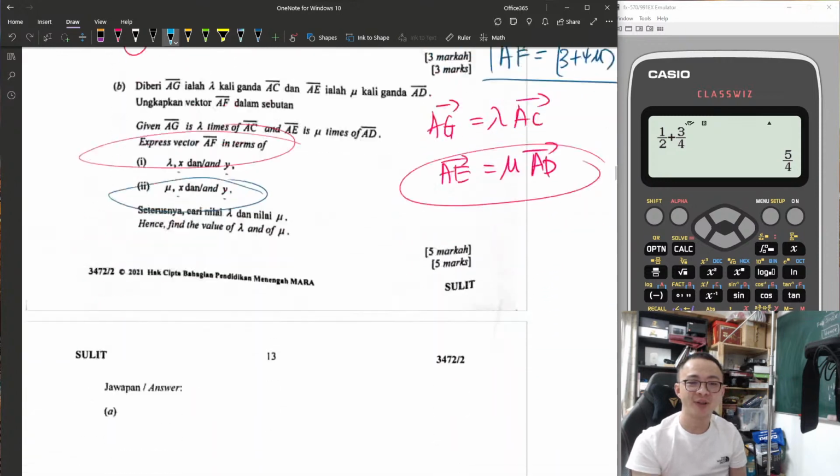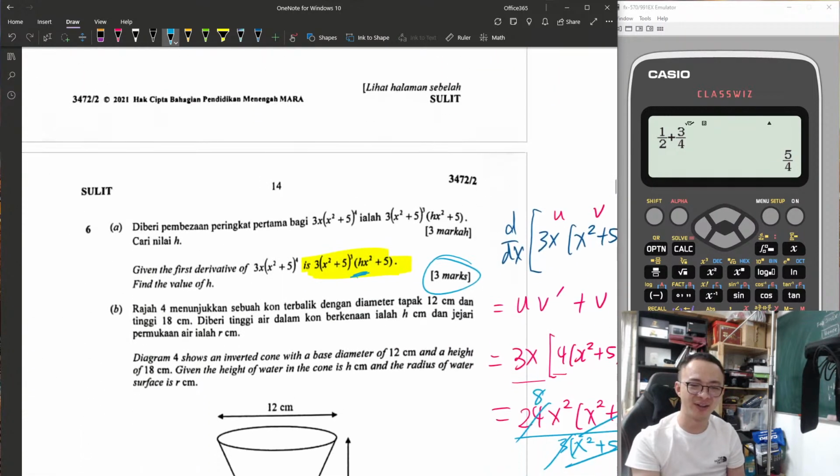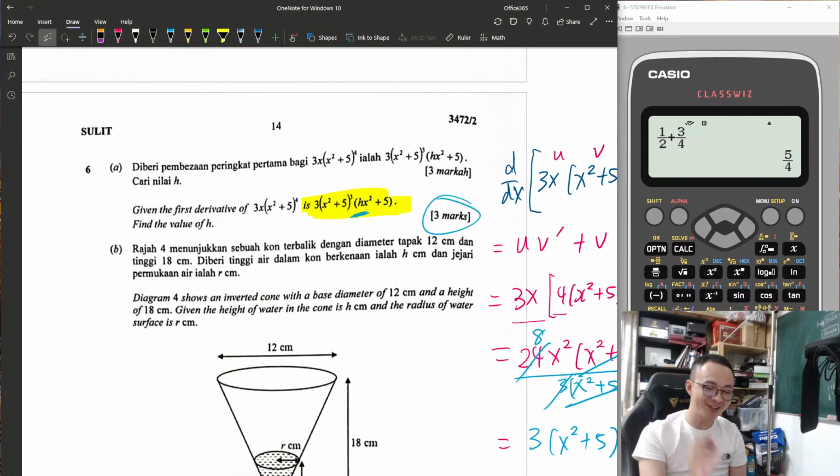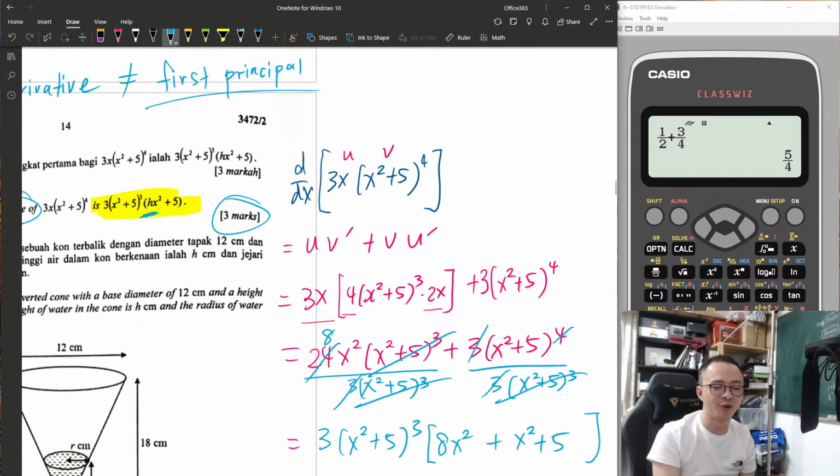Okay? So do we have to use the delta x method for first derivative? First thing is you don't confuse first derivative and first principle, it is not the same thing, alright? Because if first principle, then yeah, we have to do something like delta y over delta x, and then we limit the delta x close to 0, right?